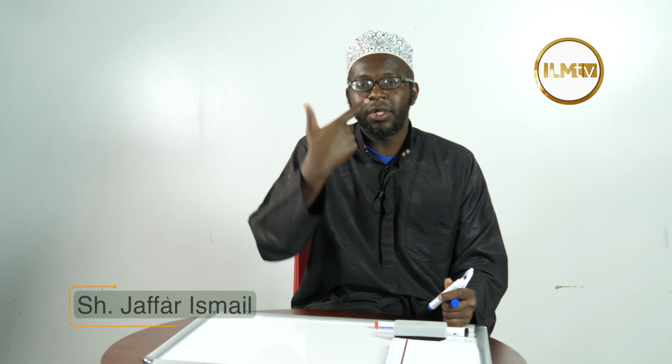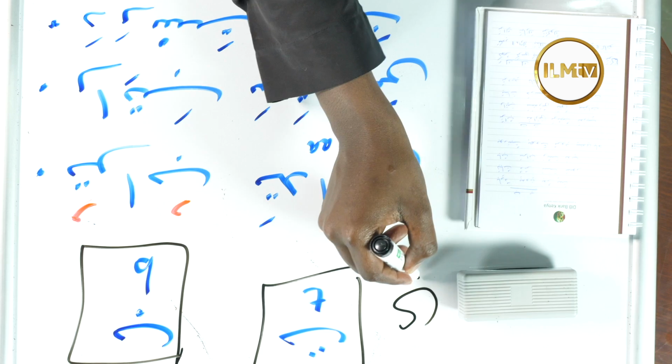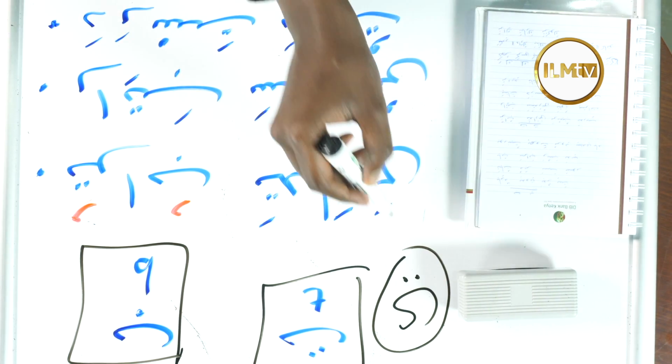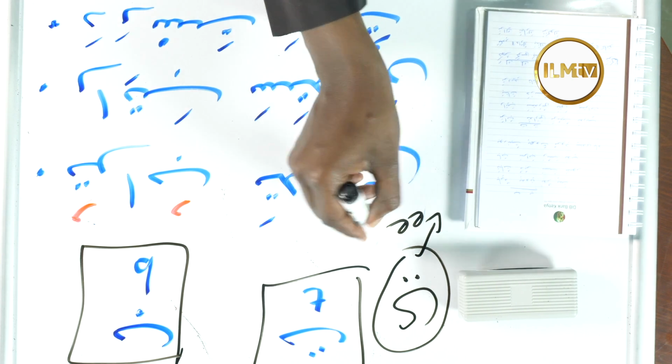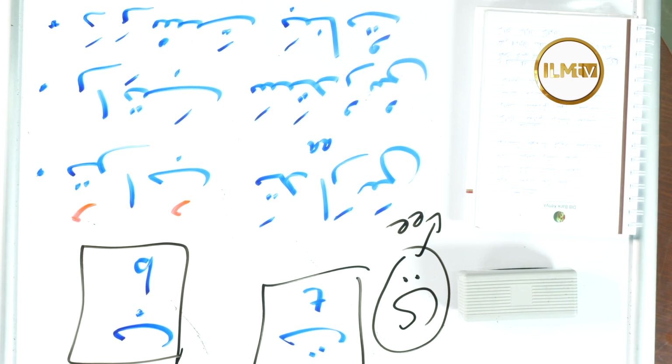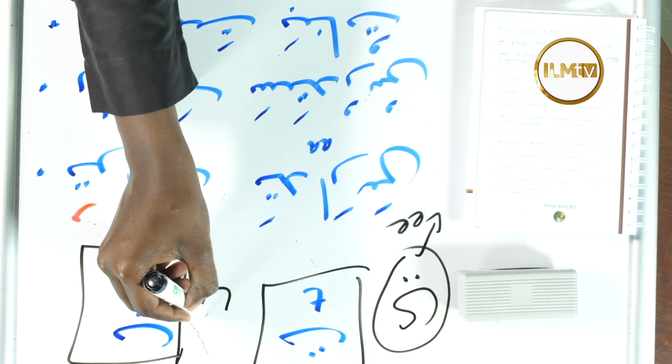You can't say it with your nose closed. For example, see? You close your nose, the sound goes away. Two dots down. That's the long vowel E. The long vowel E.